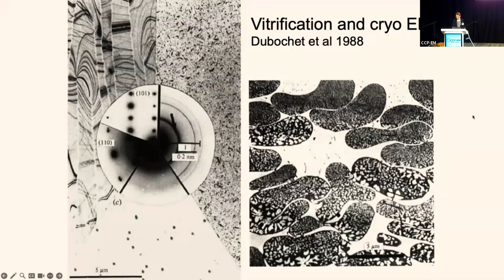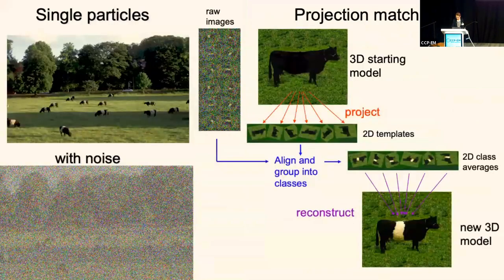Then there was this idea you could get single particles and use cross correlation to align them. Now there was lots of noise. Neil will remember this slide because I took the picture, but he made the rest of this stuff. So you have a field of particles, and it's going to be noisy, it's going to be hard to pick them out, but they are there.